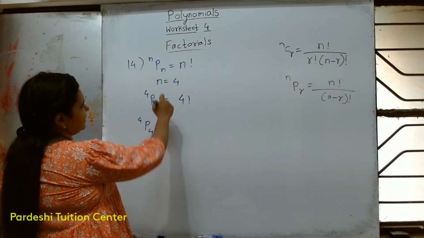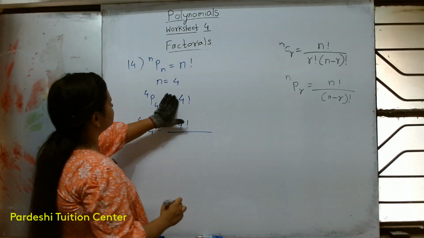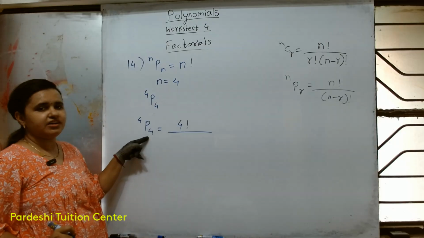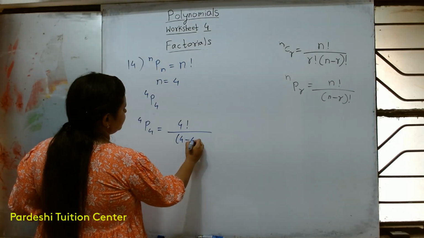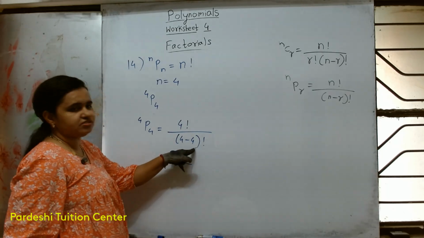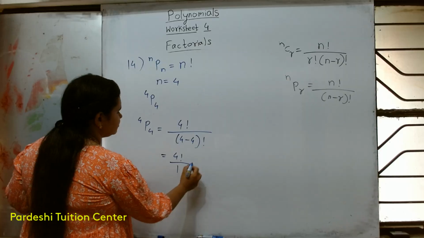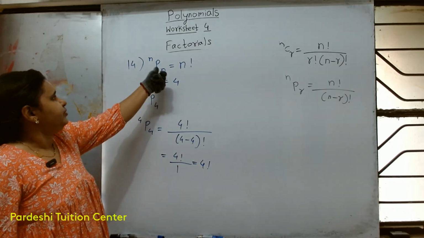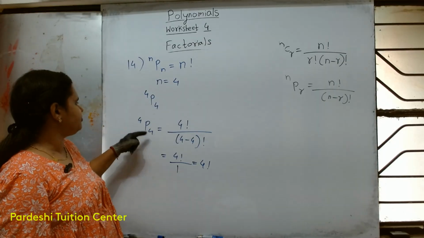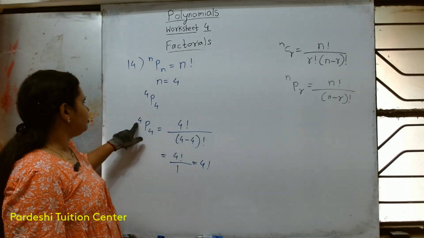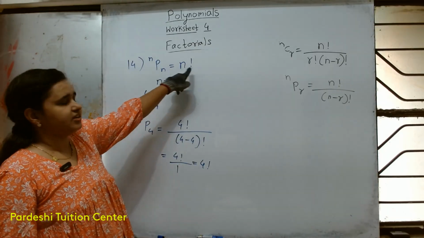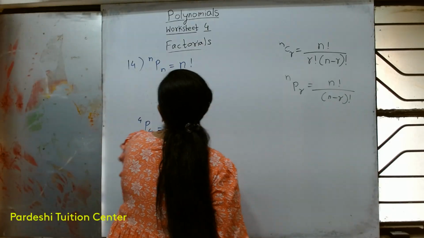Here we have taken n as 4, so it will be 4 factorial upon (4 minus 4) factorial, since r is also 4. So it will be 4 factorial upon 4 minus 4, which is 0, and 0 factorial equals 1. So it is 4 factorial. So nPn equals n factorial, this one is true. You can check it by putting any value.